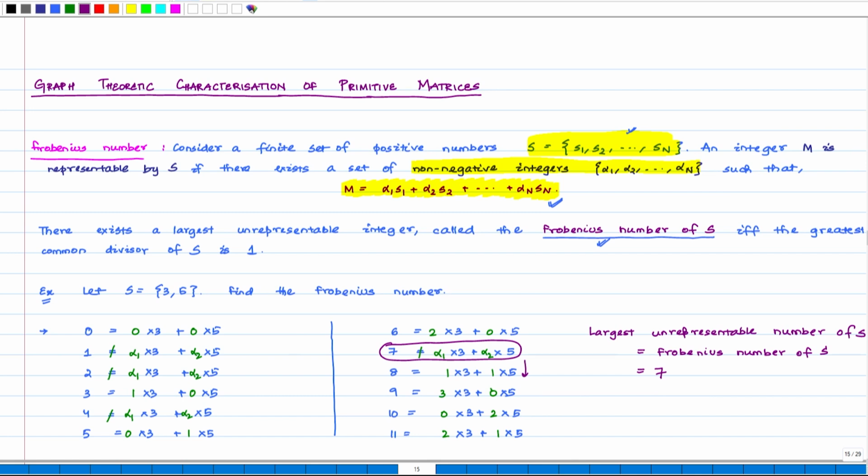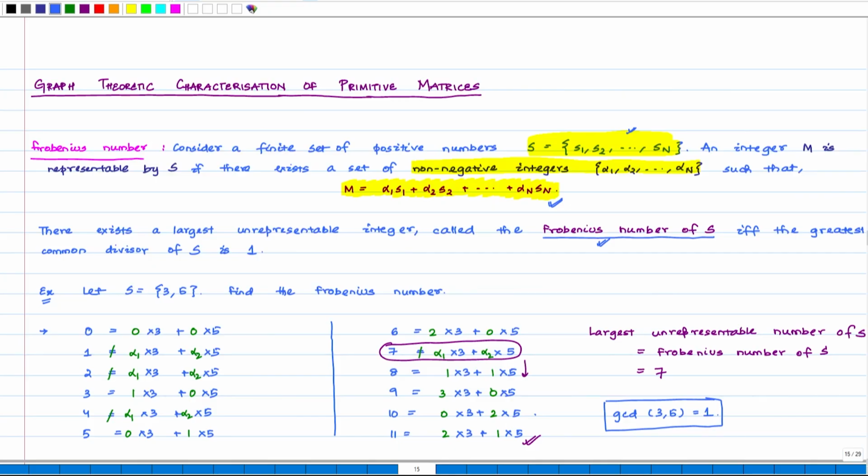Any integer larger than 7 can be represented using the numbers 3 and 5, and we can quickly also check that the GCD of 3 and 5 is equal to 1. So our claim that a Frobenius number must exist holds here.